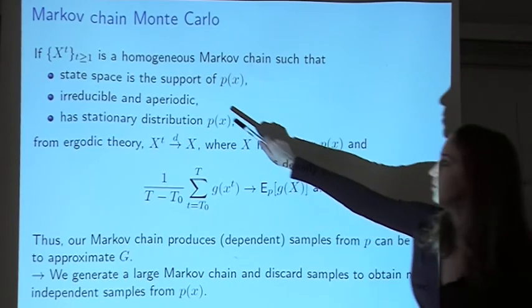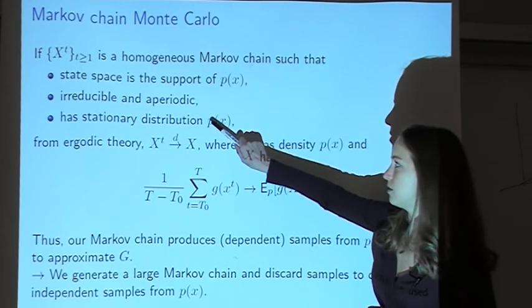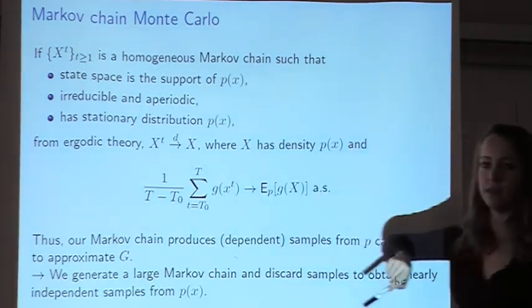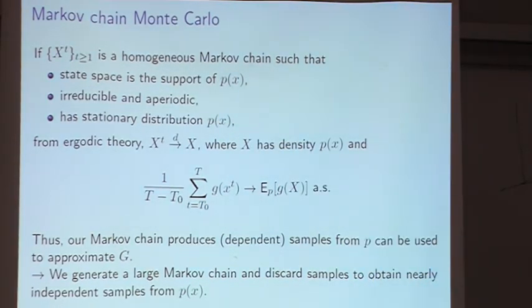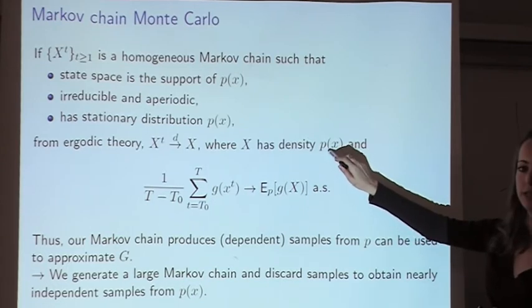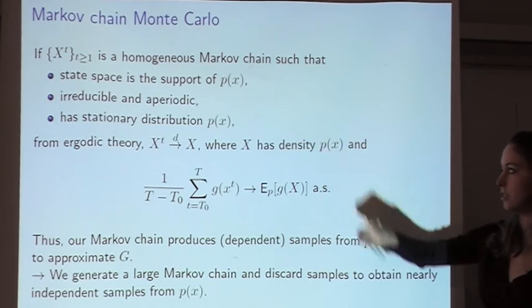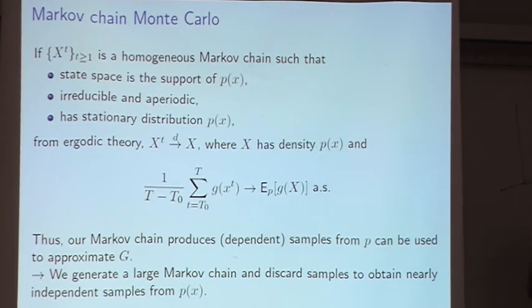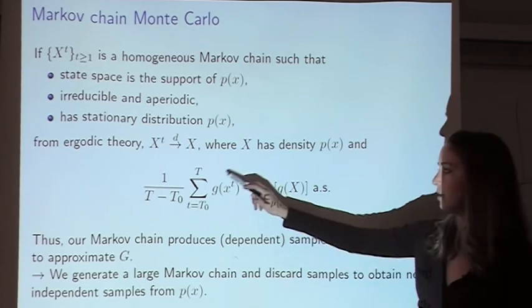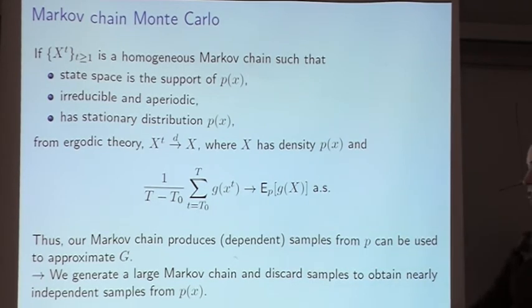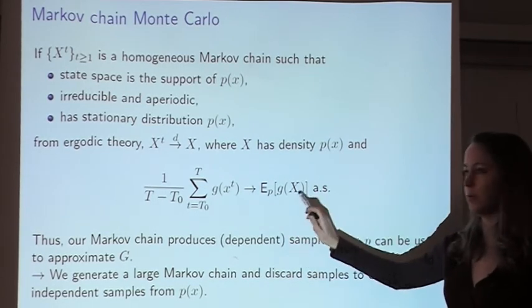And actually these two conditions are sufficient to show that this p of x, if it's the stationary distribution, is unique. And then from ergodic theory, we know that our Markov chain converges in distribution to a random variable x, where x has density, which was our target distribution, or the stationary distribution. And we know that the Monte Carlo estimate of the function g converges to the thing that we wanted to estimate.